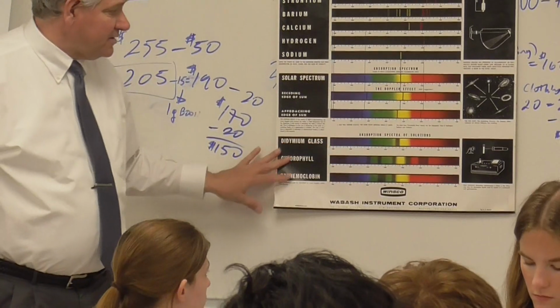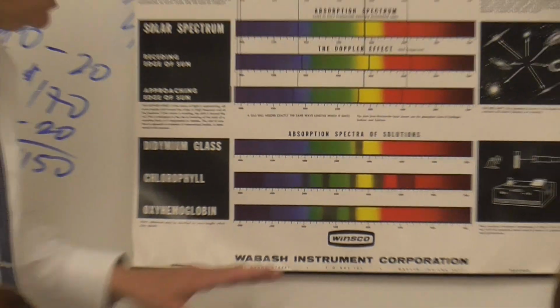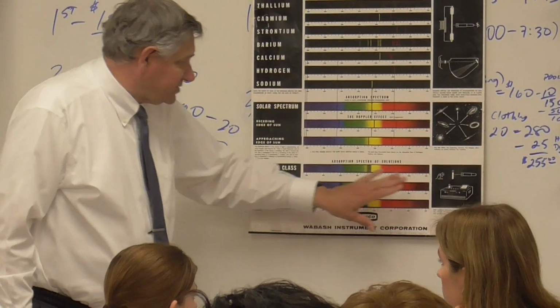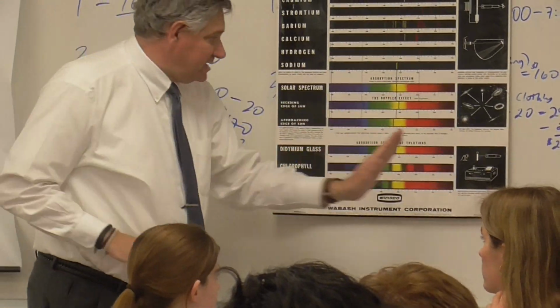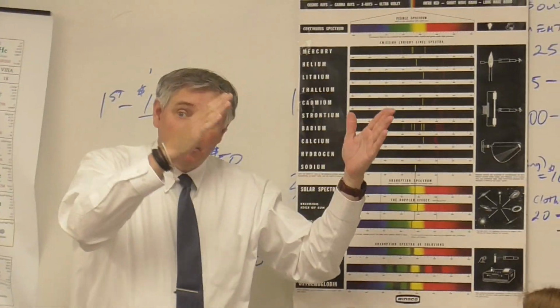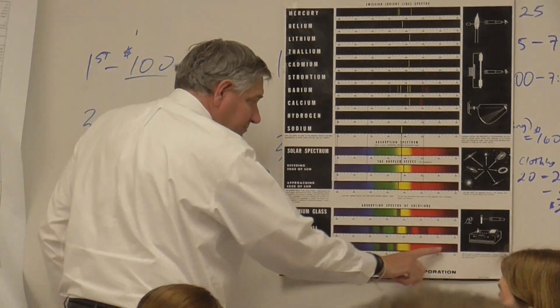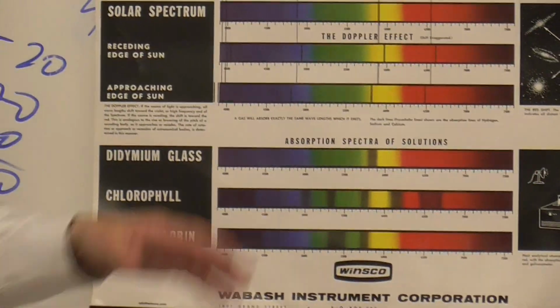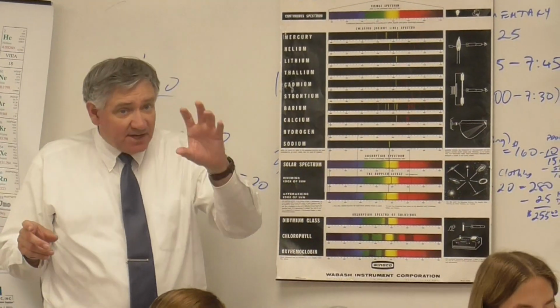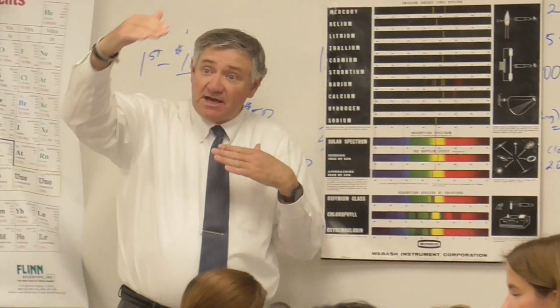Now down here, here's the difference. These are absorption spectrums. What happens in absorption spectrums is that you shine the entire light spectrum on the element, and you get gaps. The gaps are where those electrons are soaking in those photons and making that transition.